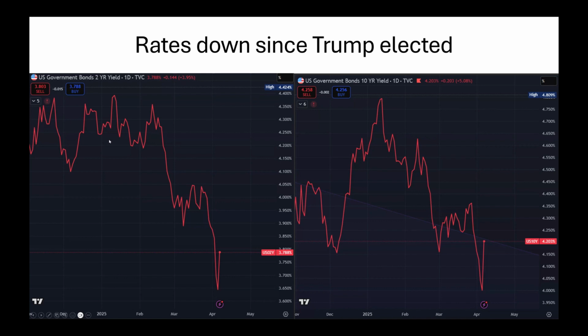If you look at it, he took office roughly around here, and the rates had been going up. The 2-year was at about 4.4, now we're at 3.7, 3.8. And the 10-year was around 4.75, and now it's down to around 4.2. This has mostly been affected by people's expectations that these tariffs have been tanking the economy and not creating inflation.